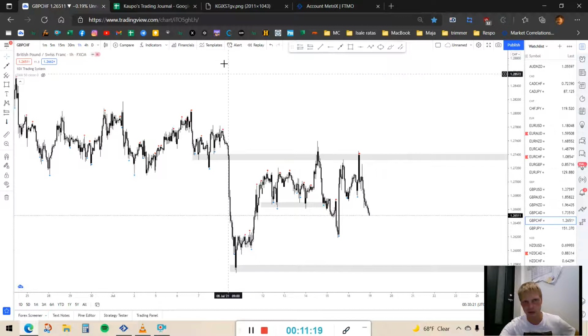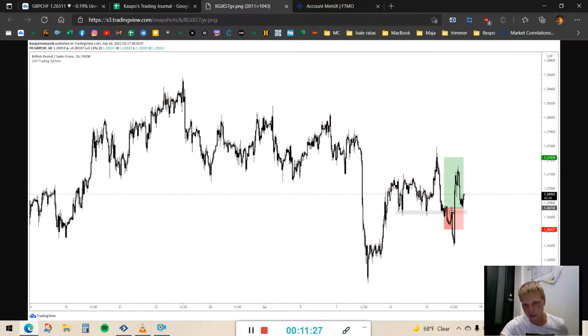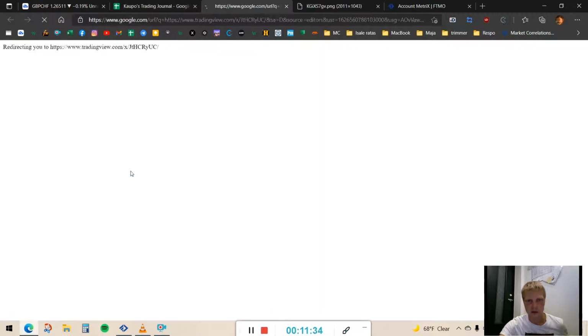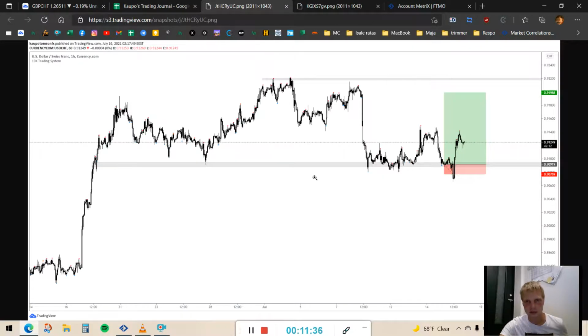So one thing to learn from this is to not trade the middle levels, I guess, because it's not a key zone, unlike USD CHF before. That is a key zone, this is no man's land.